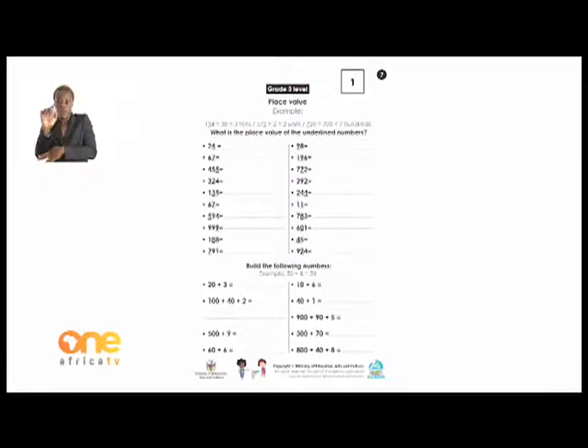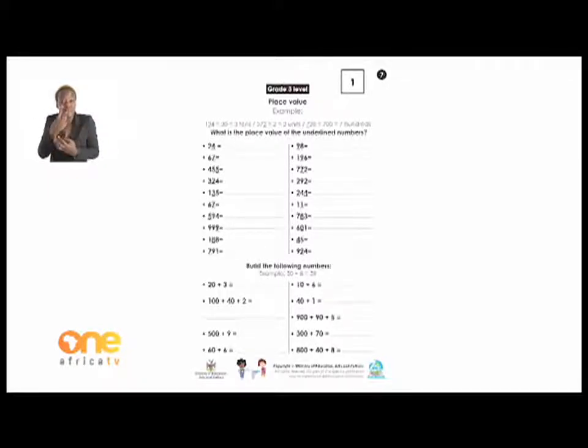Let's look at the next one, 728. There's a line under the hundreds place, which means we have the 700s. But there's a difference between the place and the value of the number. Can you see all the numbers in the middle?